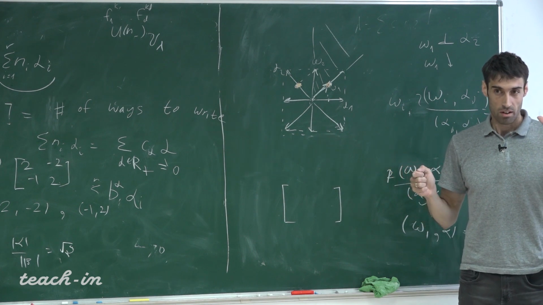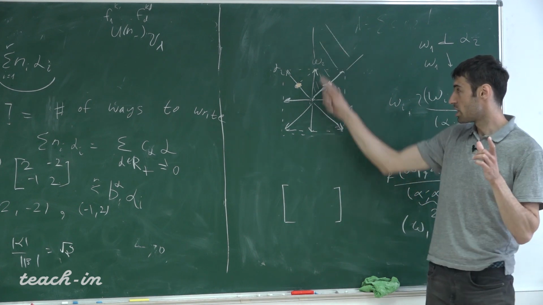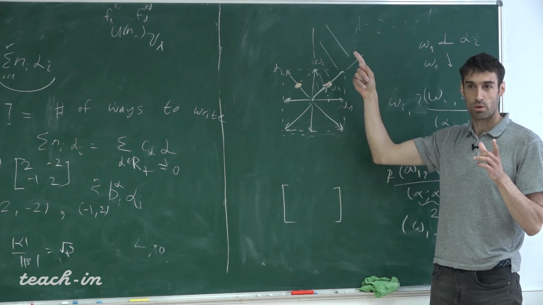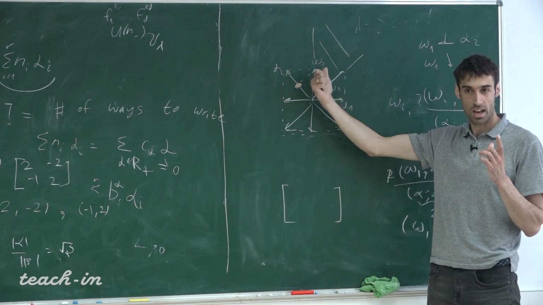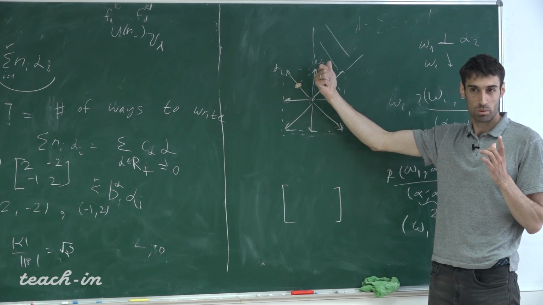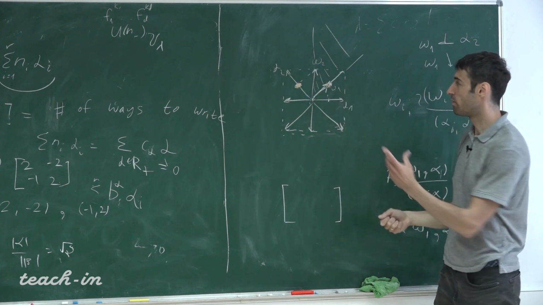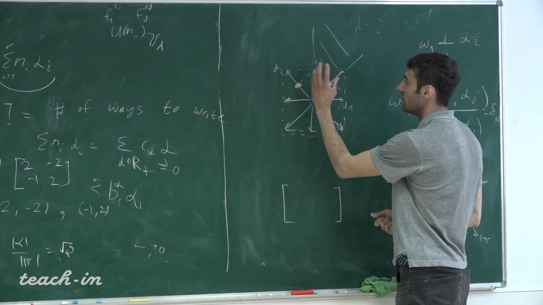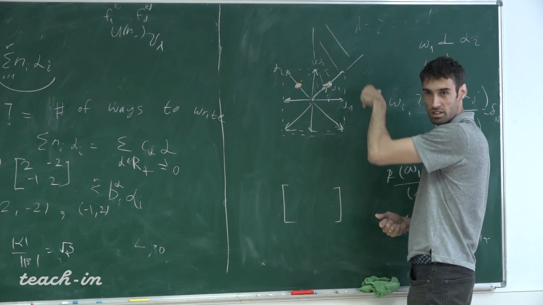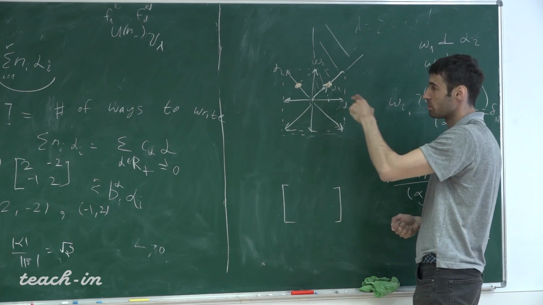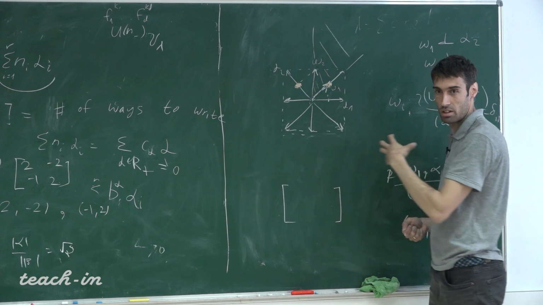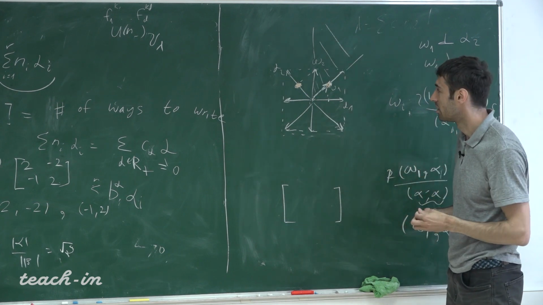So the positive Weyl chamber, this one, is the fundamental domain with respect to the action of the Weyl group, right? So if I take this thing and consider its image with respect to reflections, what's going on in this domain will give us everything, right?